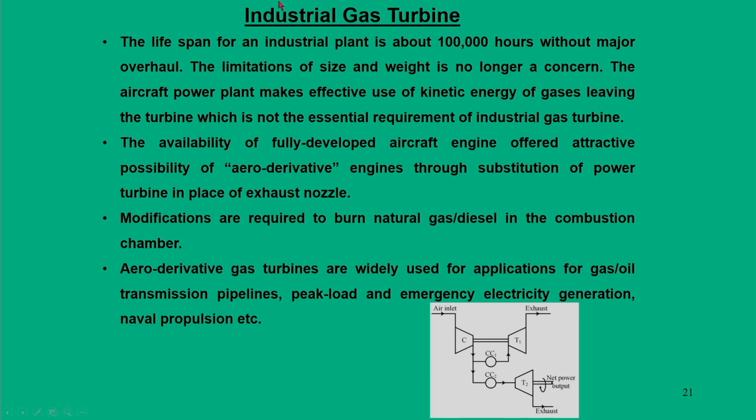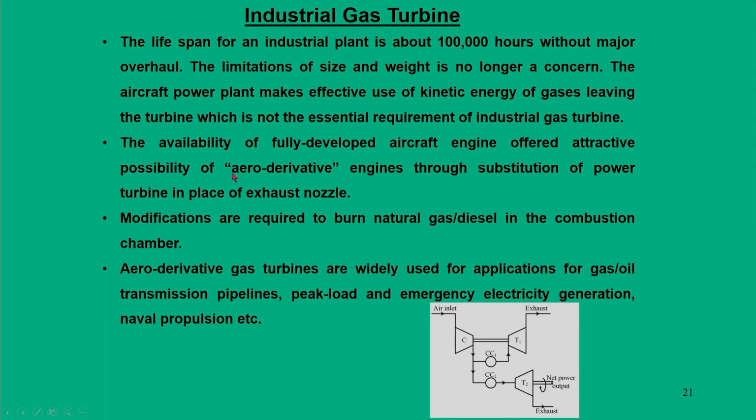However, the concept of the gas turbine came into existence only when it was realized that aircraft propulsion concepts can be utilized for power generation. That is the reason they are called aeroderivative engines. The industrial gas turbine units, when used for power production, are aeroderivative engines.